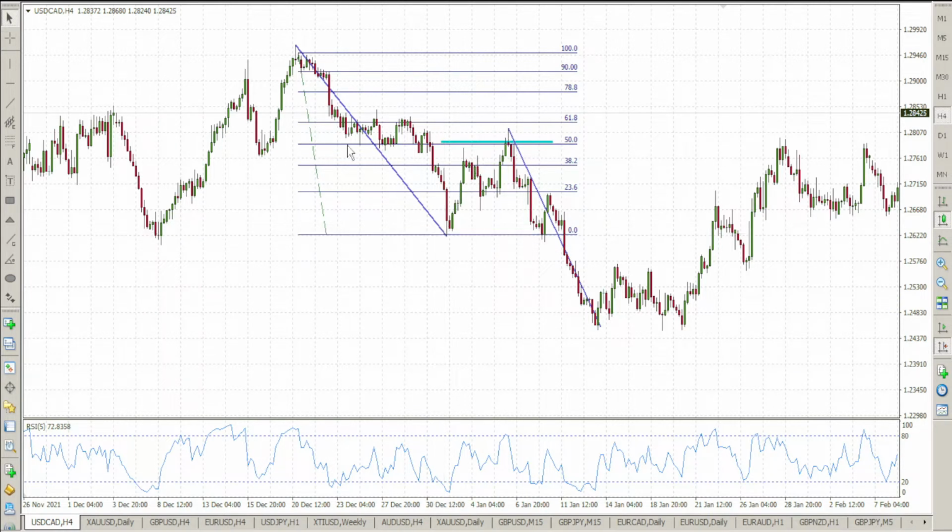We usually call this move a correction, and you can find it on any time frame: the 4 hour, 1 hour, daily, weekly, monthly, yearly, 30 minutes, 15 minutes, 5 minutes, and even the 1 minute.